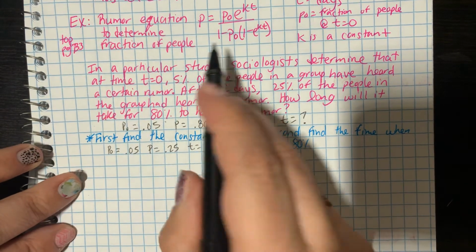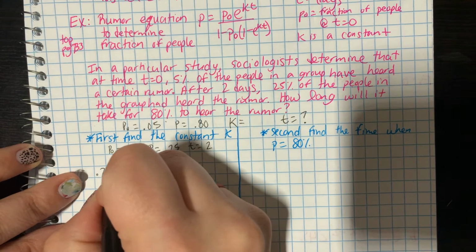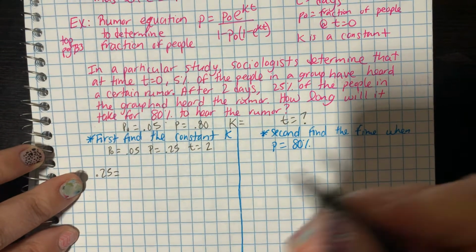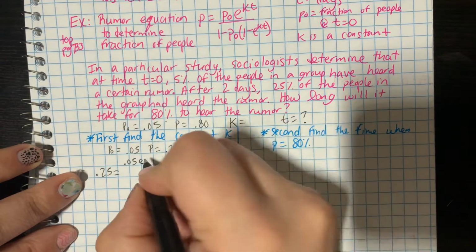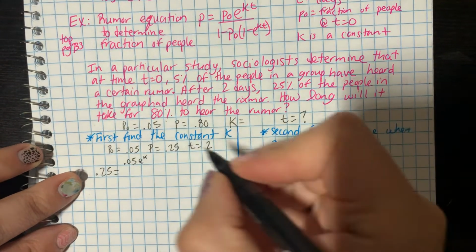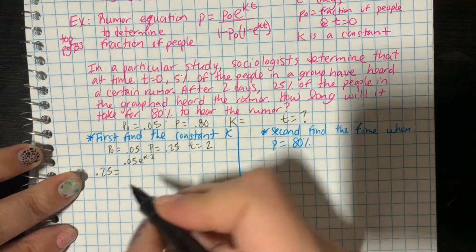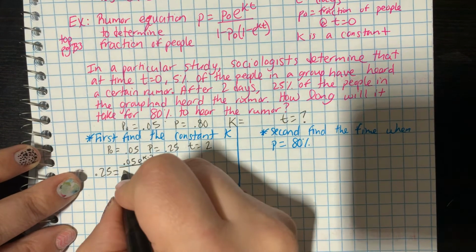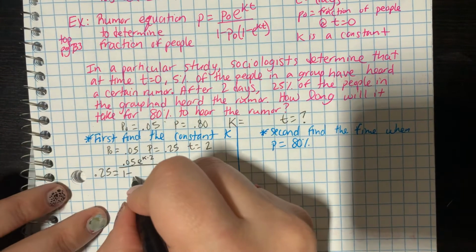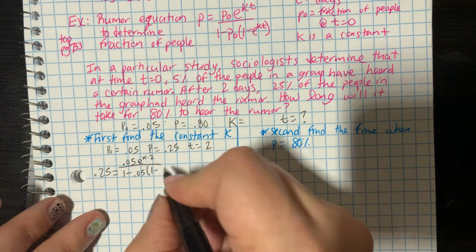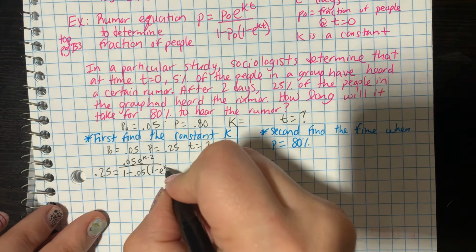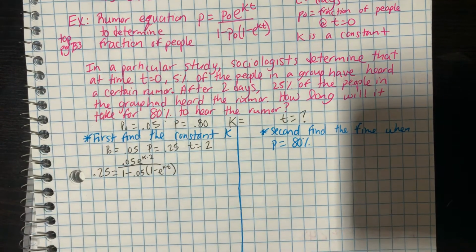So our equation is P equals P0 times e to the k times 2, over 1 minus P0 times 1 minus e to the kt.